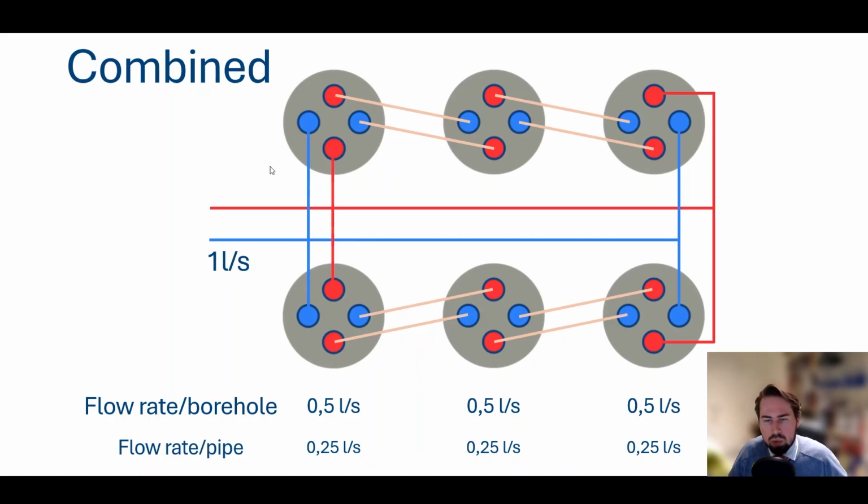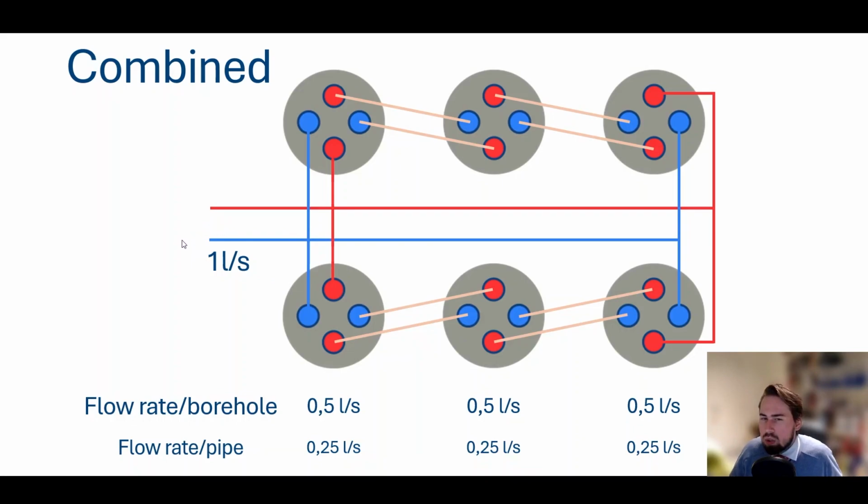So what we do here is we always start from the smallest level. So we start with 1 borehole, and we see that it's connected in series with 2 other boreholes. And the same on the other side. So we see that we have 2 groups of 3 boreholes being connected in series. And those 2 groups are connected in parallel to one another.